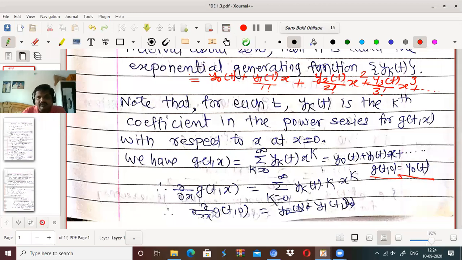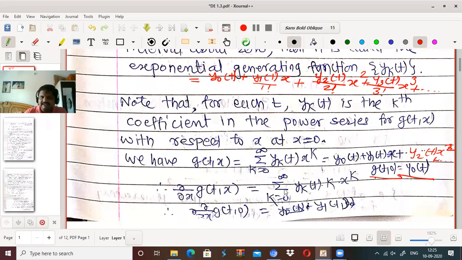Similarly, how do we find y1t? For y1t, you have gtx equal to y0t plus y1tx plus more terms like y2t x square and so on, many terms up to infinity. Now I will take the partial derivative of this gtx with respect to x, that is dou by dou x of gtx.